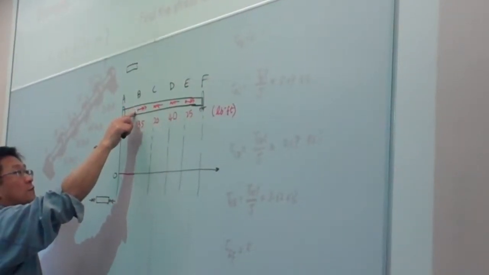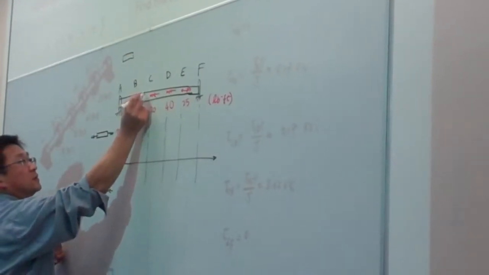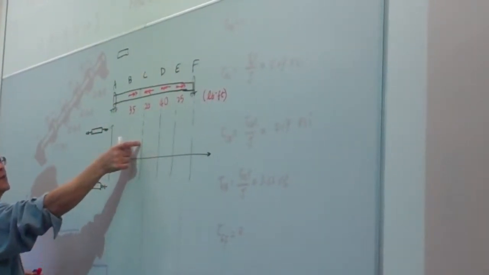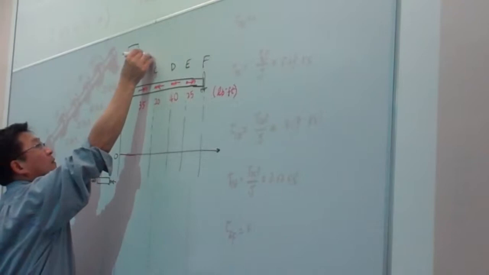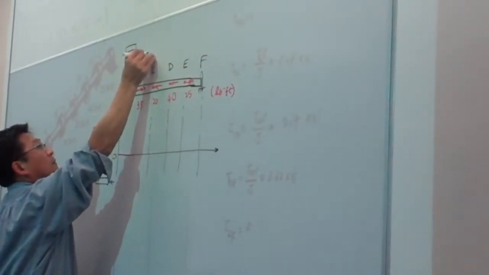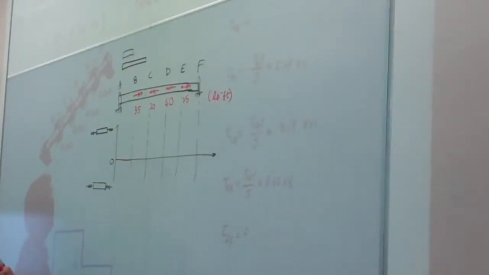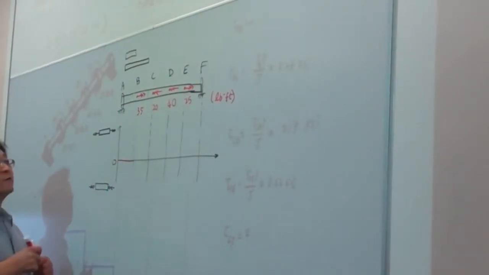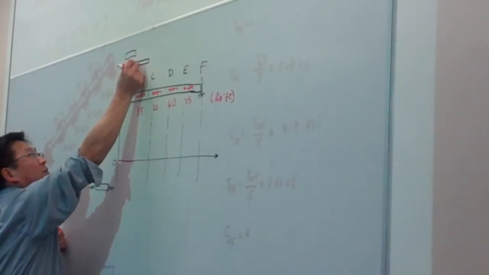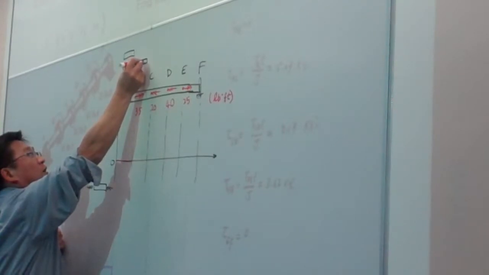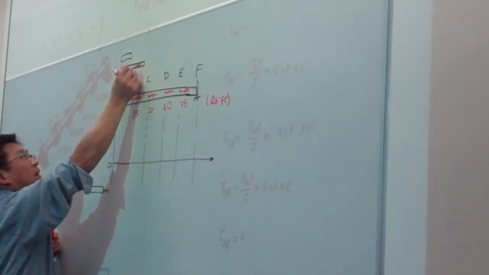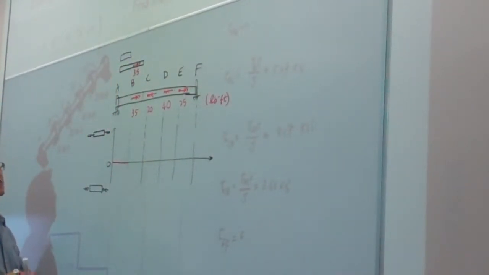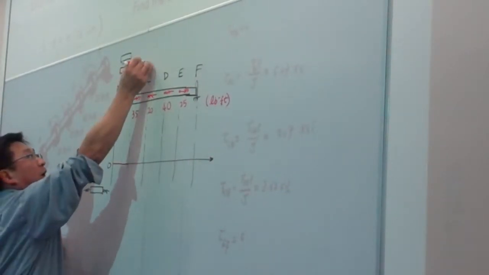And now we move, and pick the section in the second segment. So in this free body diagram, we have to include the torque applied at B. Here is 35. So that is our reaction here.